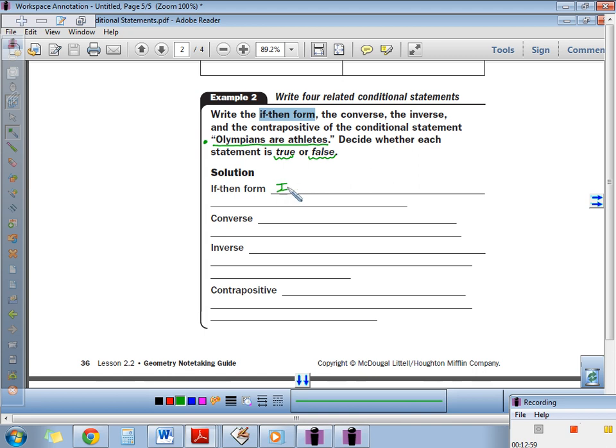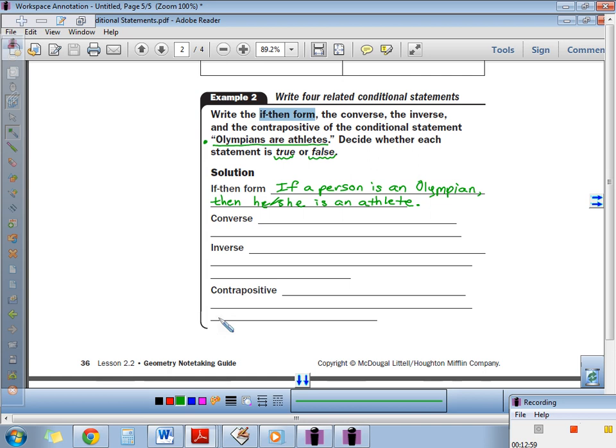Okay, so how about if a person is an Olympian, then he or she is an athlete. With that idea, you should be able to do these pretty easily.